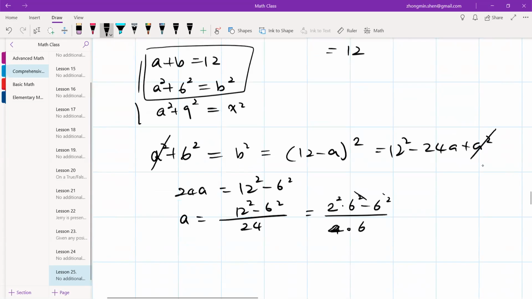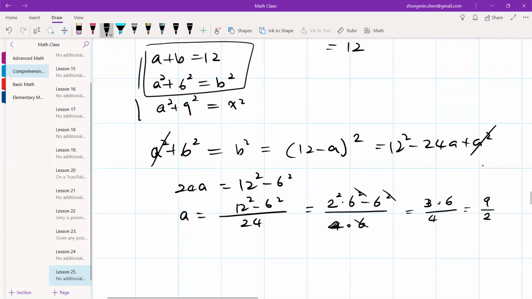So cancel 6. 18, 3 times 6, and 4. So the answer will be 9 over 2. You can simplify. So it's 9 over 2.